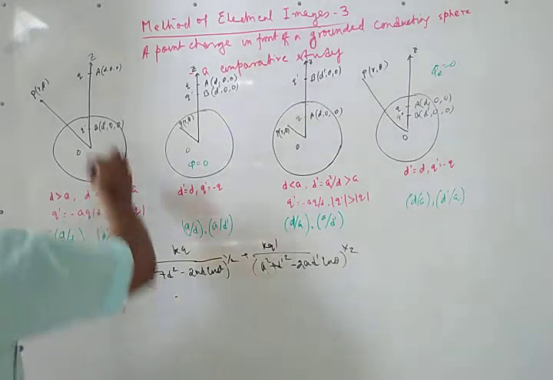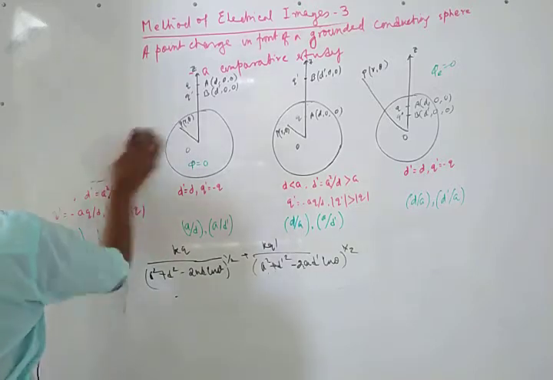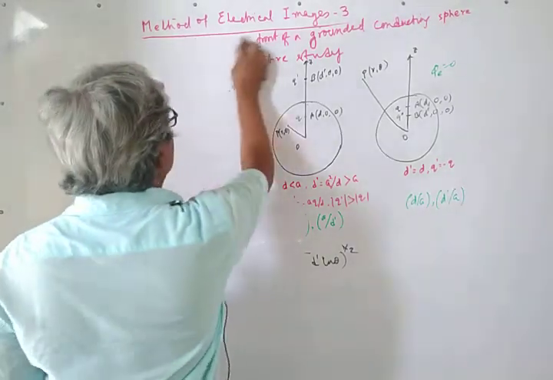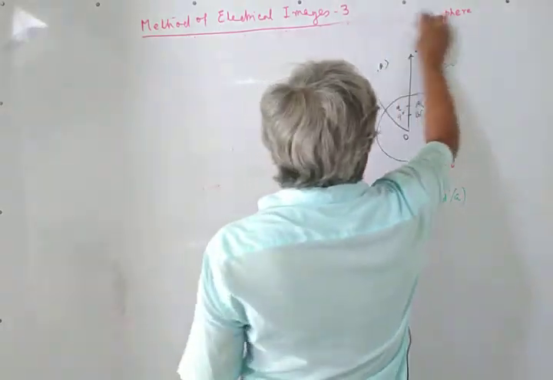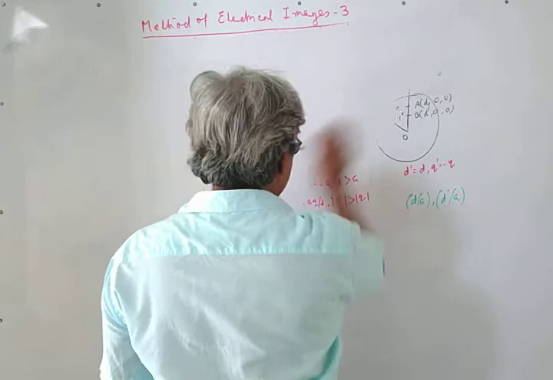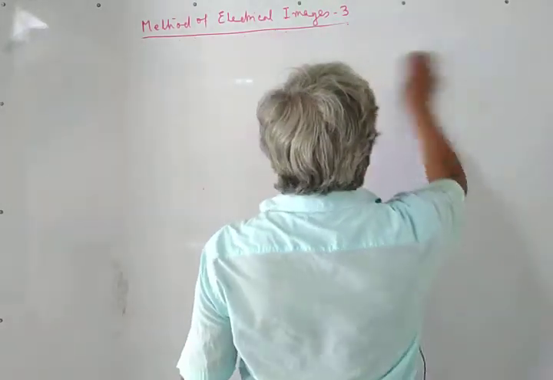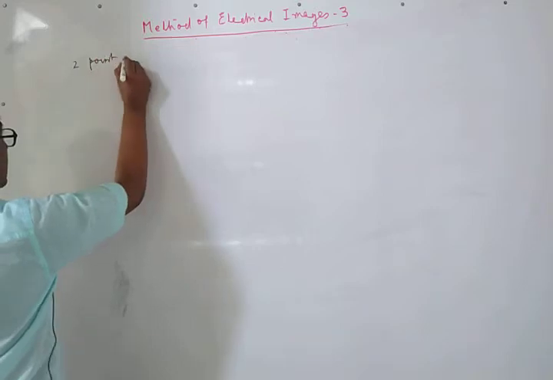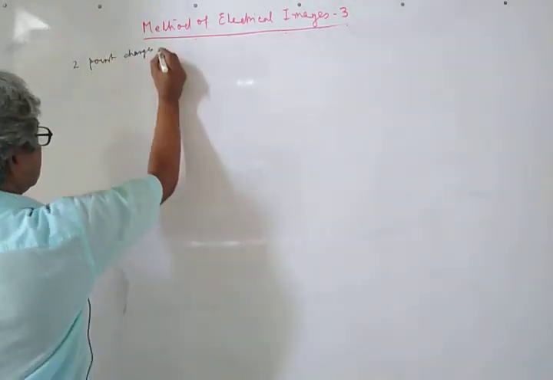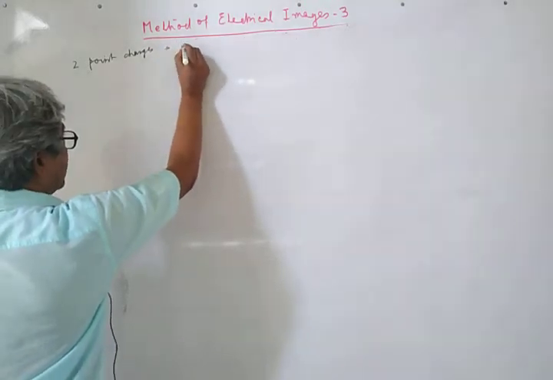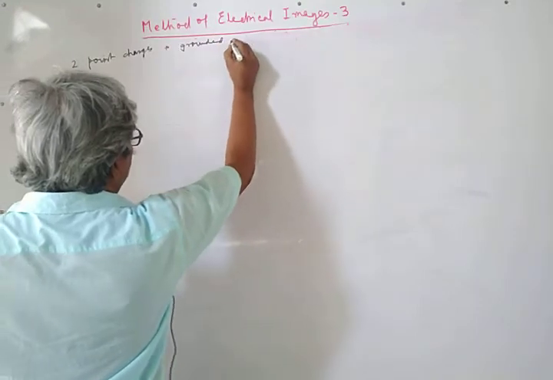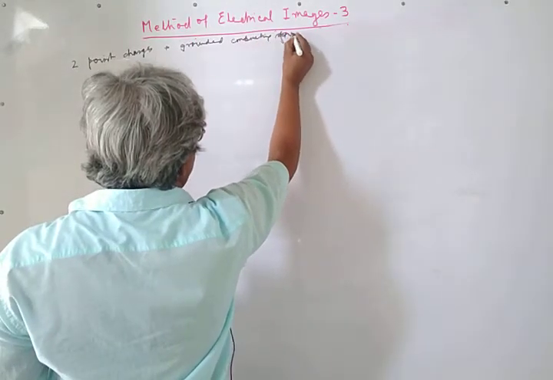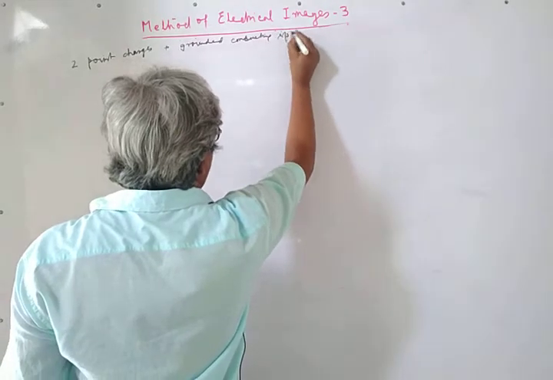First case that I am going to consider is like this: 2 point charges and a grounded conducting sphere.